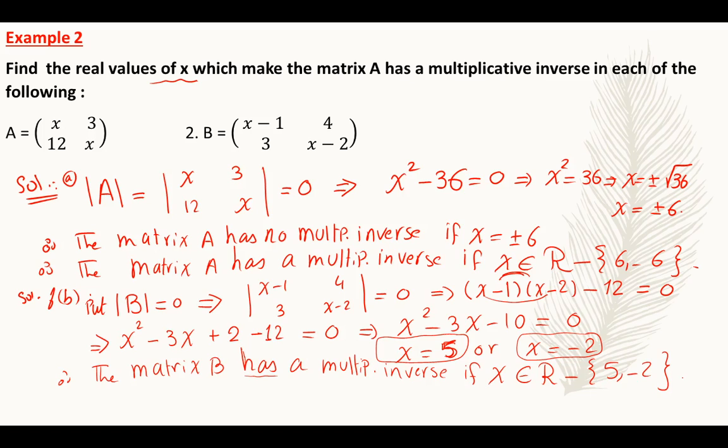Any number in R except 5 and negative 2 will make the matrix have a multiplicative inverse. But the elements 5 and negative 2 are the elements which will make the matrix have no multiplicative inverse.